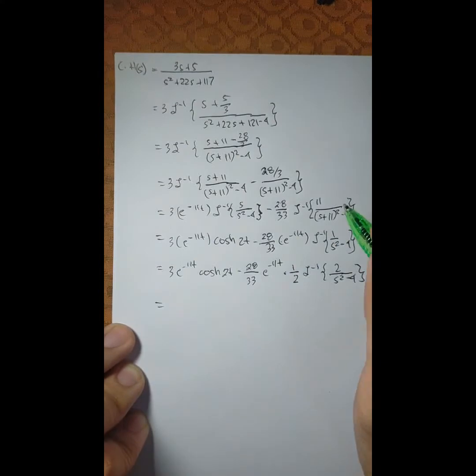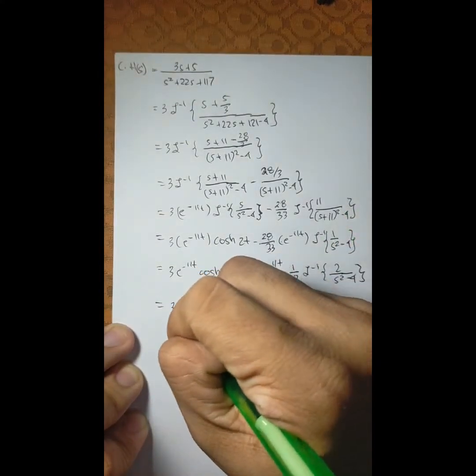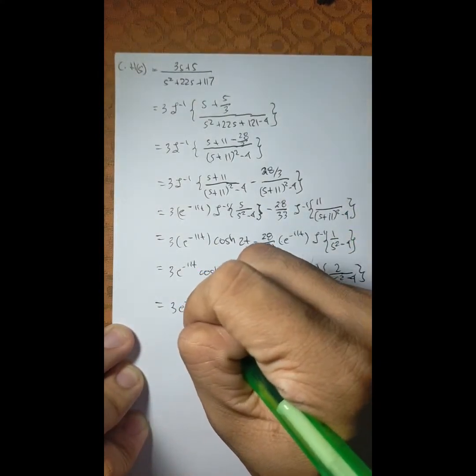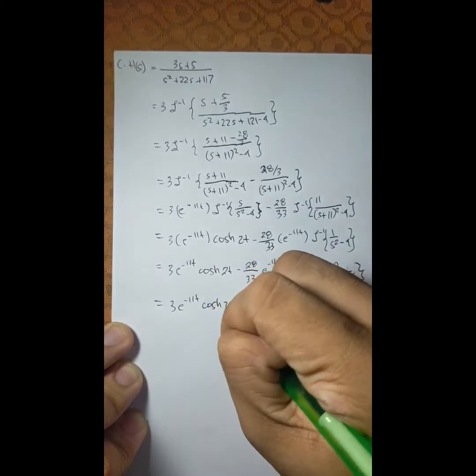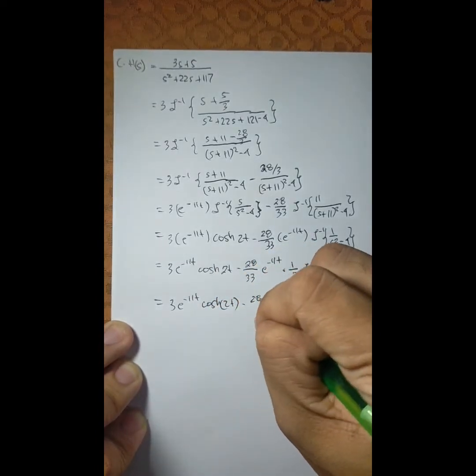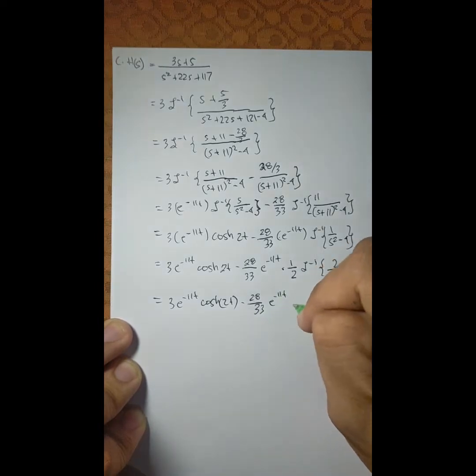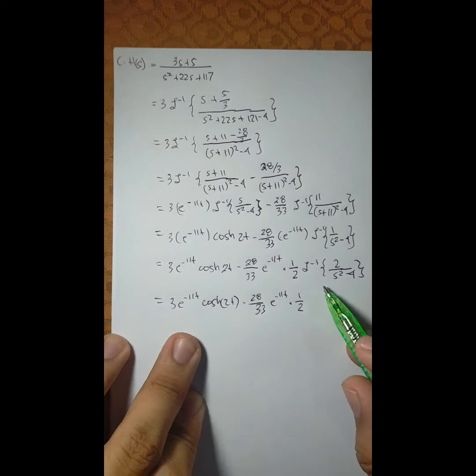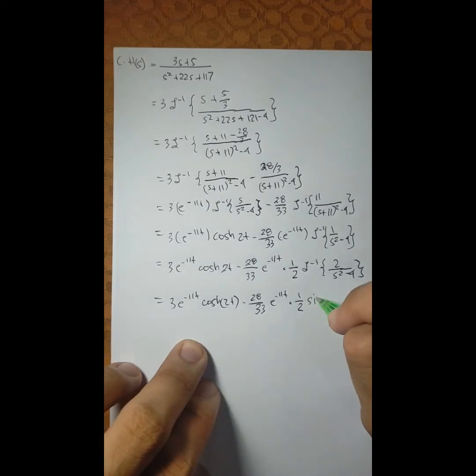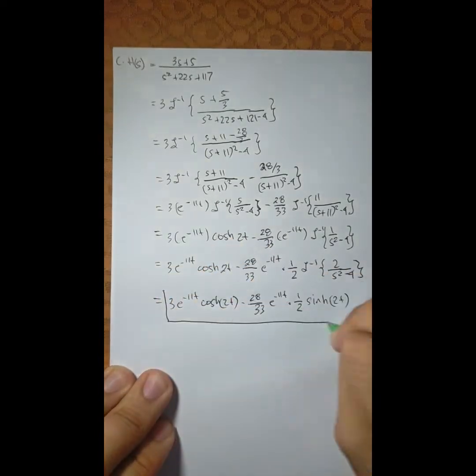And this will equal 3e raised to negative 11t hyperbolic cosine of 2t minus 28 over 33 e raised to negative 11t times 1 half, and is equal to hyperbolic sine of 2t. And this is our final answer.